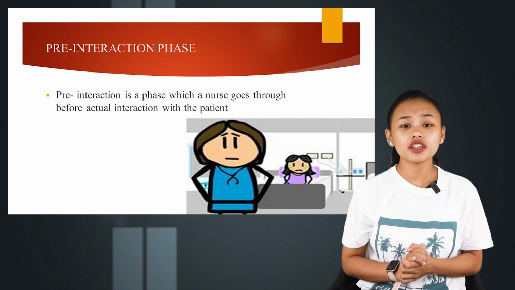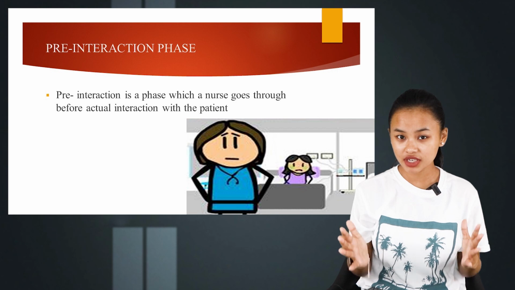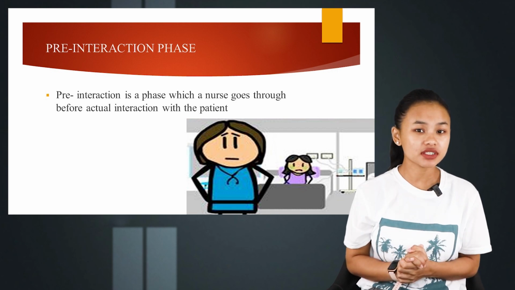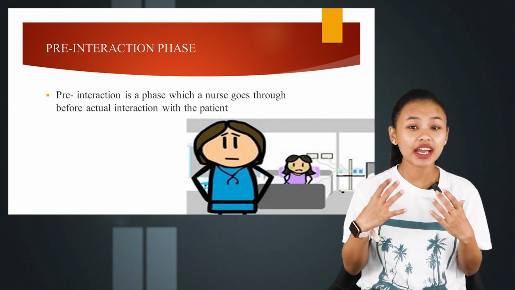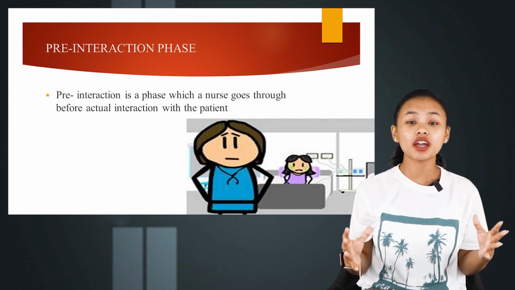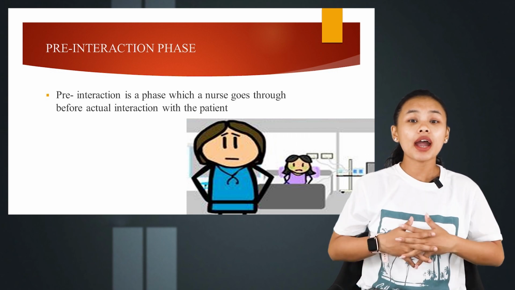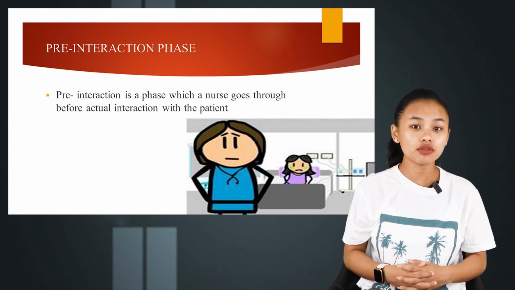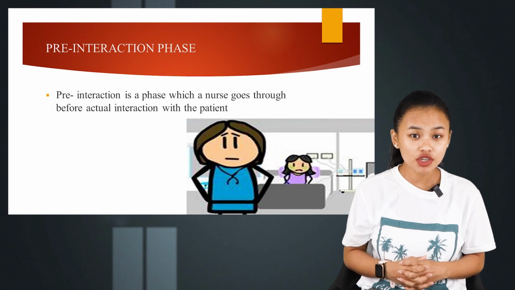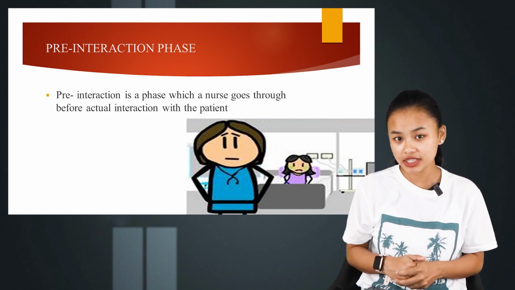Pre-interaction phase is a phase which a nurse goes through before her actual interaction with the client. Here, a nurse will be assigned a client. Suppose I am the nurse, I will be assigned one client. The phase where I haven't met the client yet, but I have got a little information about the client, I've got an idea that I am the one who's supposed to treat the client.